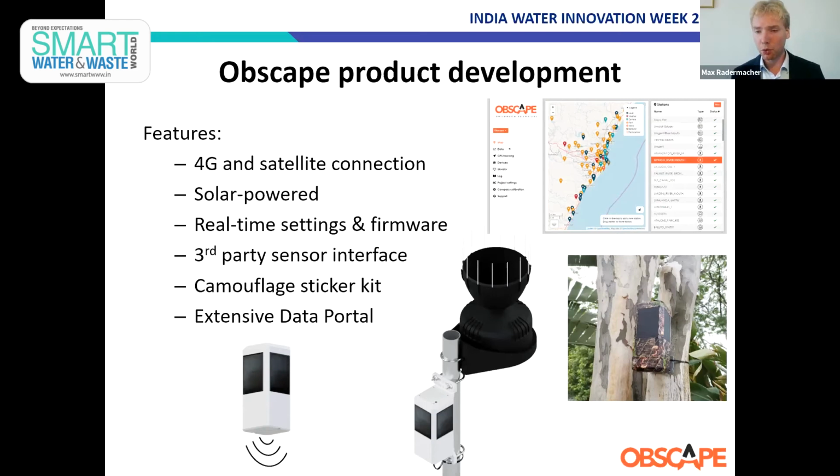In the bottom right picture, you can see that we have applied sort of a vegetation theme sticker kit to a device to hide it a little bit and make it blend into the environment. We do that for urban, more concrete type environments as well.